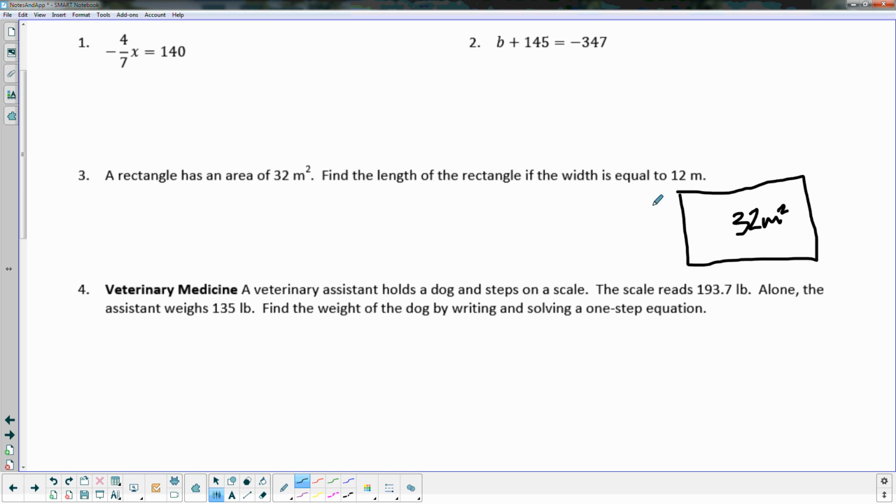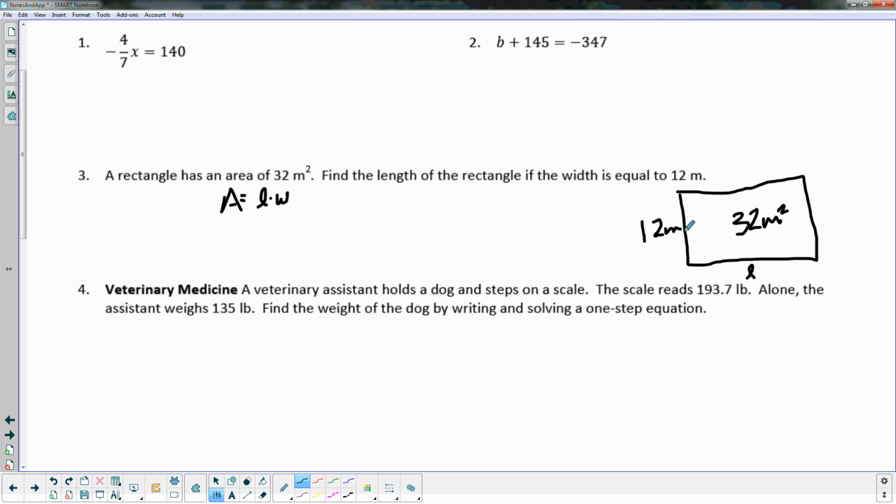So you want to find the length if the width is 12. Given some different types of measurements here, if I know that the area of a rectangle, I said before it was base times height, that can be translated into length times width.